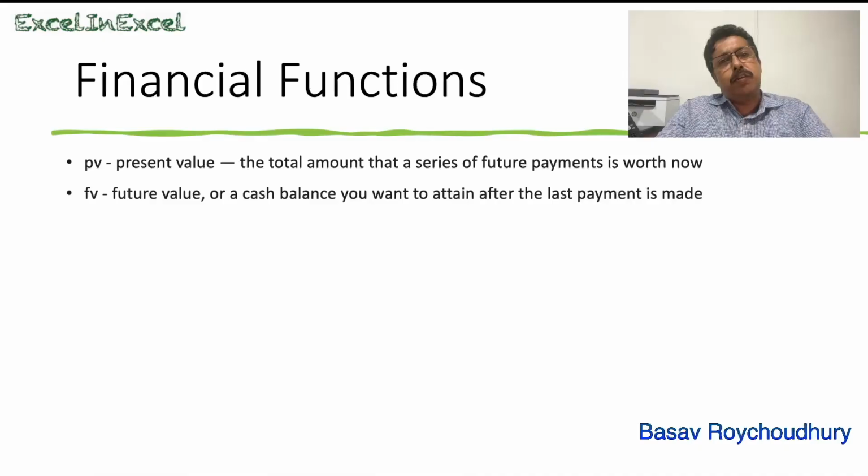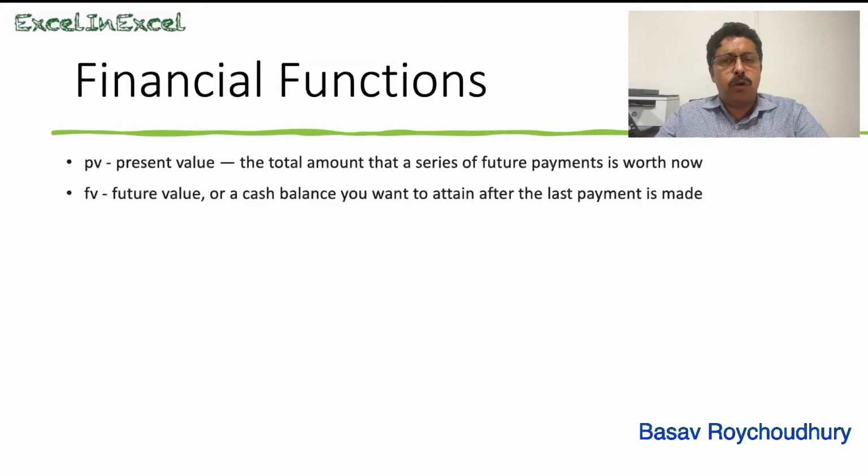Then there is the concept of future value. Future value basically means, if I'm making a certain deposit or if I have taken a loan, what will be the future value of that instrument? For example, if I have a recurring deposit in the bank and I'm paying every month, and this deposit is for 5 years, then at the end of the 5 years, what will be the value that I'll get, given that particular interest rate? That is future value.